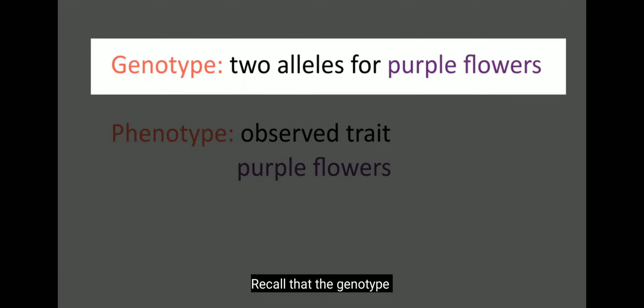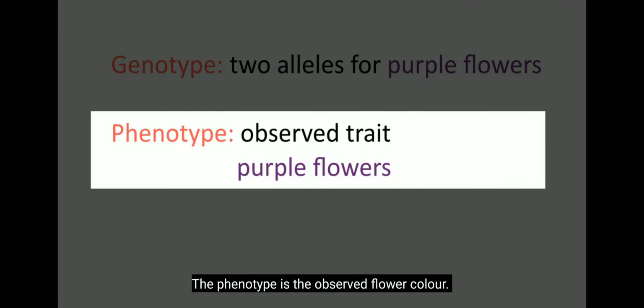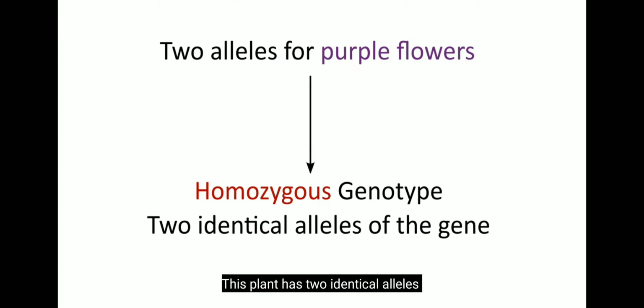Recall that the genotype is the set of alleles that a plant has. In this case, two alleles for purple flowers. The phenotype is the observed flower color. This plant has two identical alleles of the flower color gene.